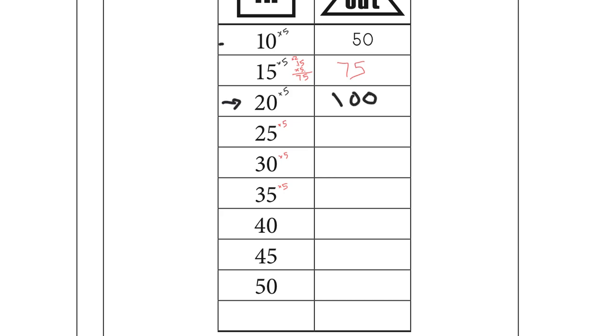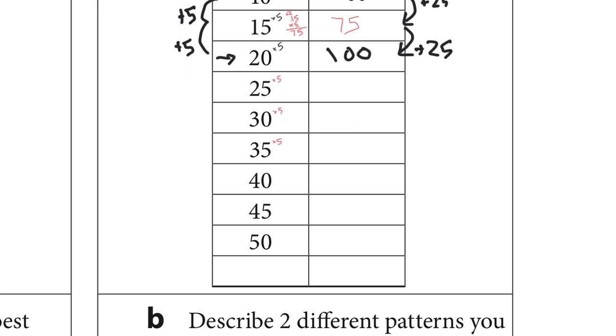I'm hoping you notice a pattern here, is that as you increase by 5 each time, how much are you increasing on the other side? Looks like a plus 25. Looks like a plus 25. So you could do the standard algorithm or maybe grouping and multiply all of them out. But since we're adding 5 each time on the left, you could just count by 25s on the right. I'm going to leave that up to you.